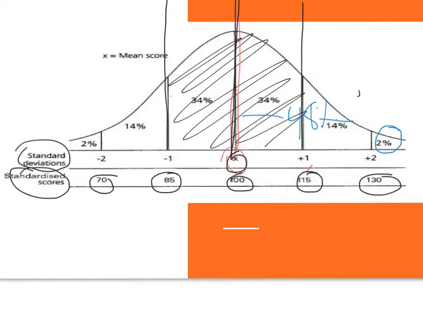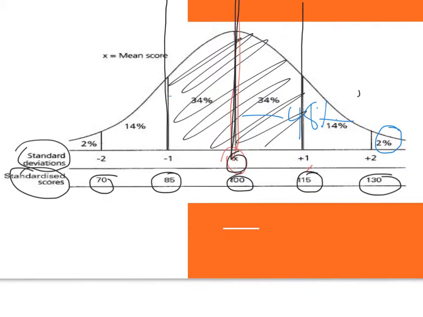34% of the population will score between the mean and one standard deviation below. So a question on the test might be, let's say Bob scored 115 on the IQ test. How many people scored below him?